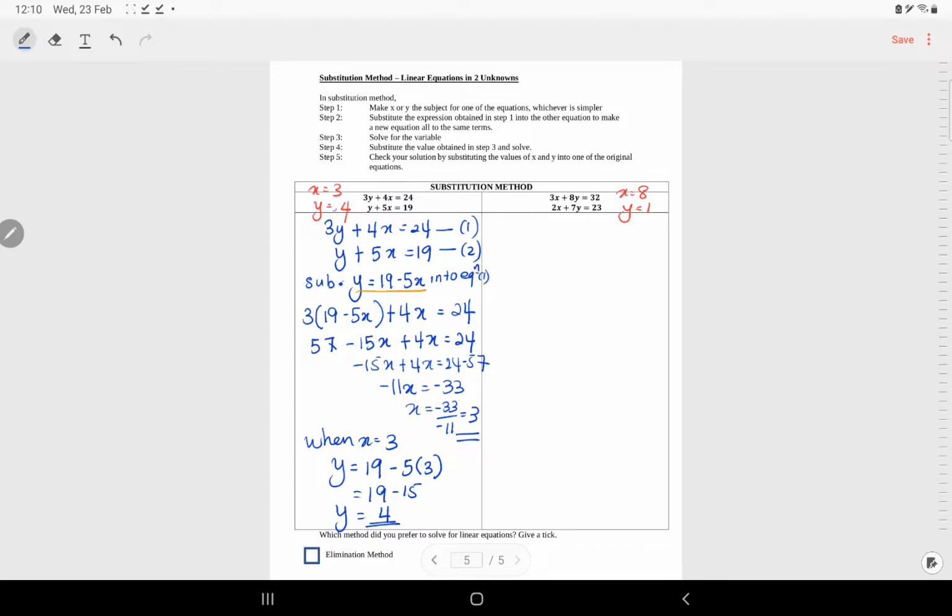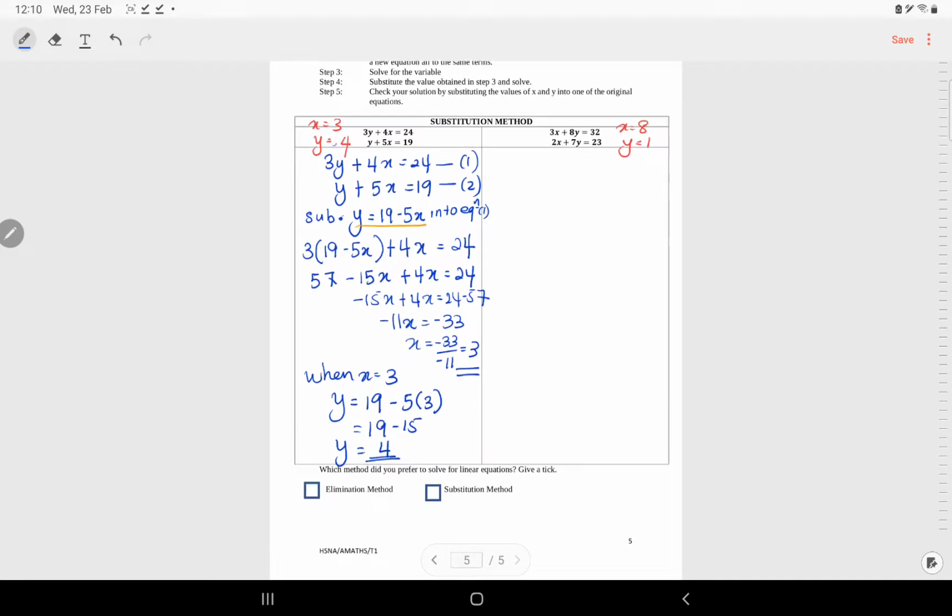Now if you look at this next one, if I want to solve it using substitution, it gets a bit tedious because it involves fractions. But I will show you so that in the end you can tick which method you prefer to solve simultaneous equations, elimination or substitution. But this is only for linear equations.